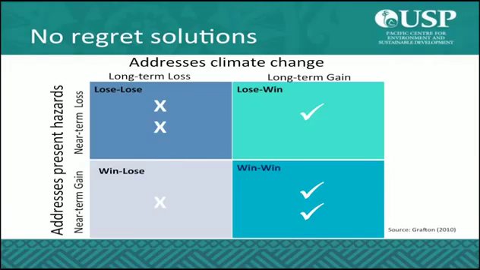You need to favor a solution that gives you near-term gain by limiting the risk and limiting the damages by the natural hazard that we have now, but that will also preserve the long-term gains by adapting to climate change. If you focus on the solution that only are limiting the near-term losses or only limiting the loss from climate change in the long term, you only give part of the solution to the problem, and you only address part of the vulnerability and the resilience of the community.